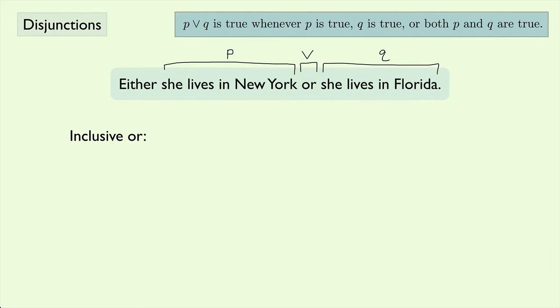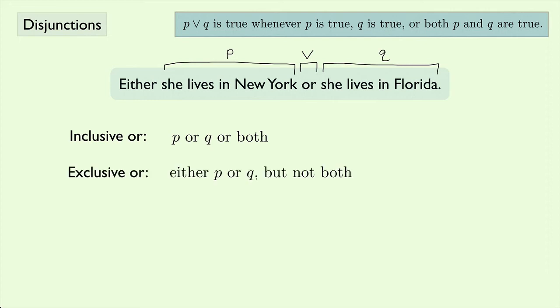So we have something called an inclusive or. That's where P or Q or both are considered. And an exclusive or, either P or Q, but not both of them. So the inclusive or was what we were using before. This inclusive or goes by this rule right here. But this exclusive or, that would be something more appropriate for a sentence like that, where we have either P or Q, but not both of them.